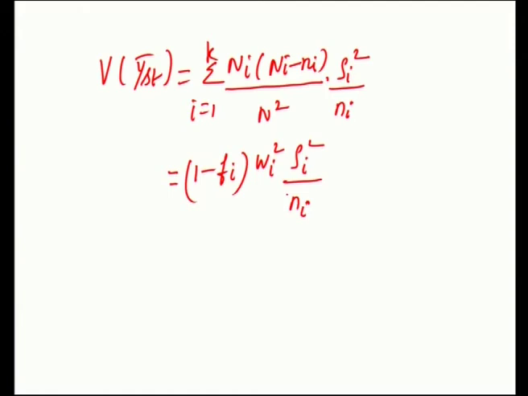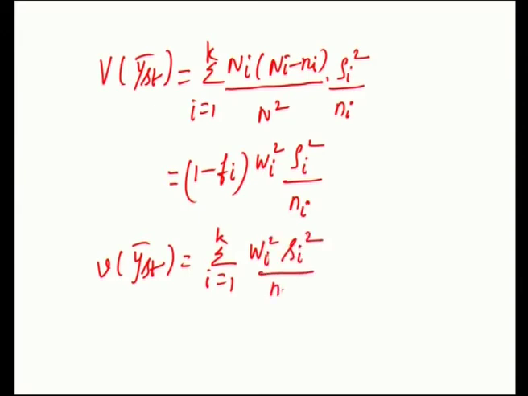This we have already defined and discussed. An unbiased estimator of the variance under stratified sampling is given by small v of Yst bar is equal to summation over i equal to 1 to k Wi squared small si squared by ni minus summation Wi small si squared by n.